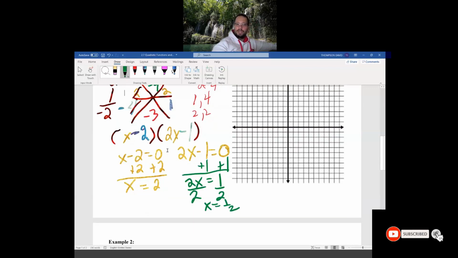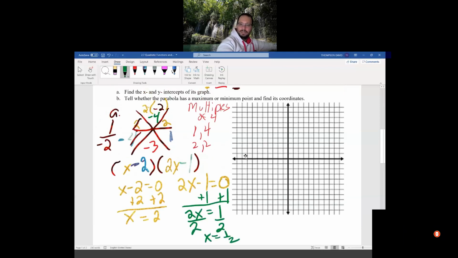So let's plot this. The 1 half will be about here, and positive 2 will be about here. To make our life more simple, we don't have to count by single digits.